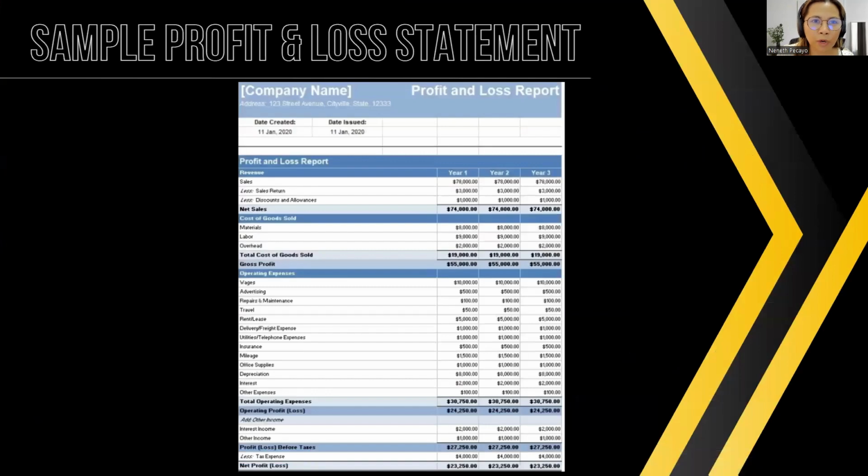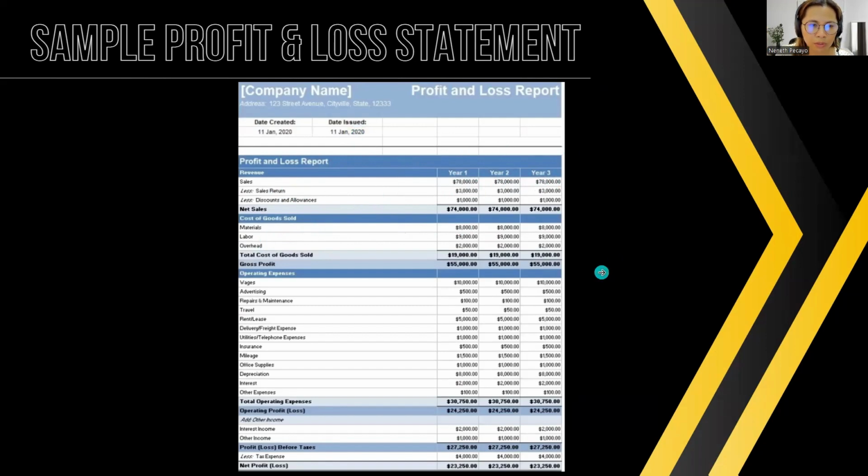So this is the sample of a profit and loss statement. My example refers to a comparative profit and loss report: year 1, year 2, year 3, with sales, materials, labor, overhead.